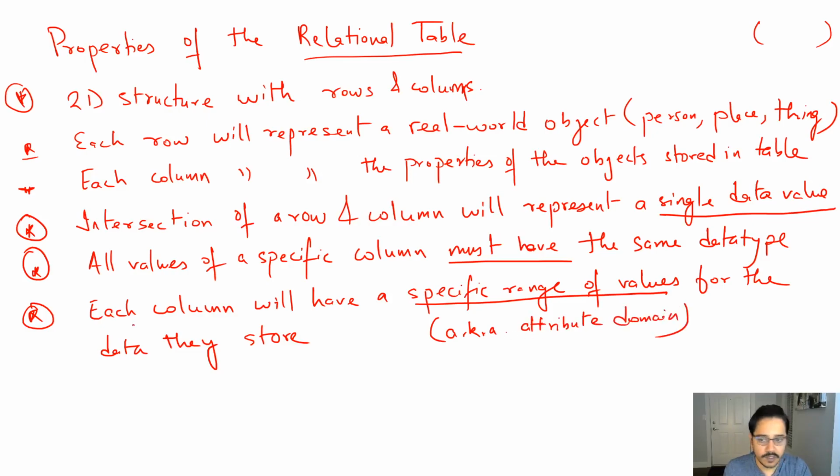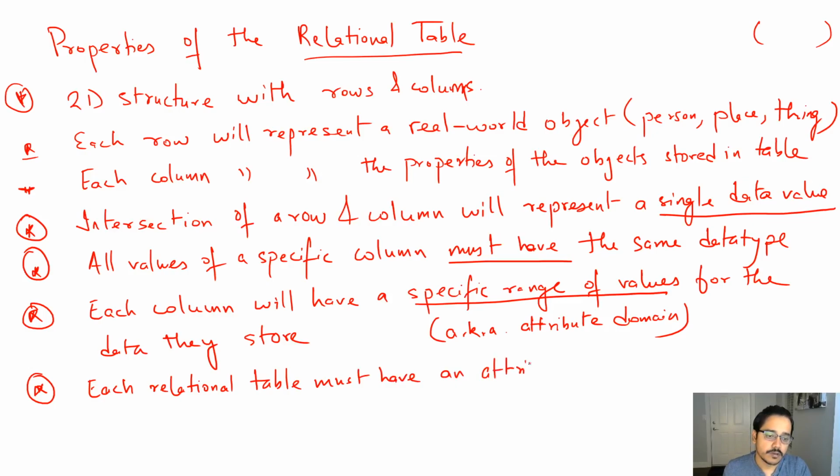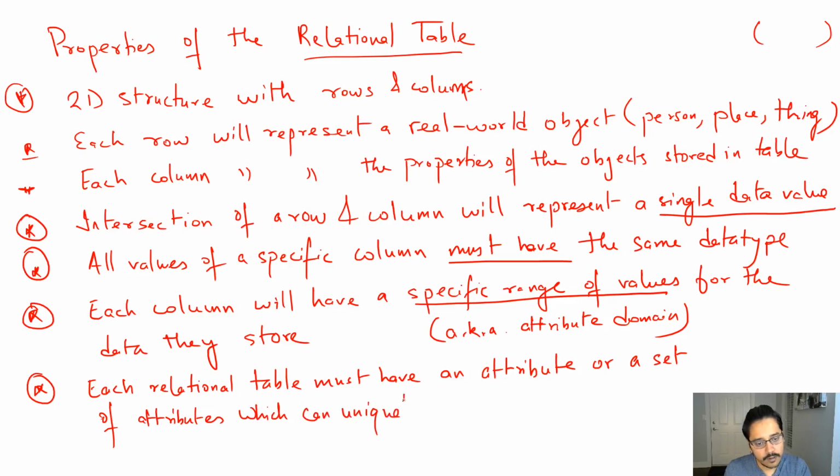And this is also very important. Okay. And thereafter, the final one is each relational table must have an attribute or a set of attributes which can uniquely identify every row in the table.